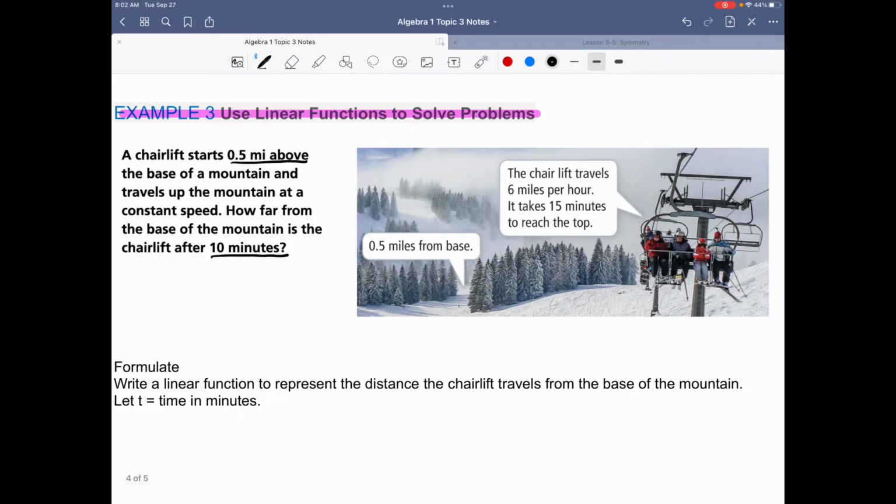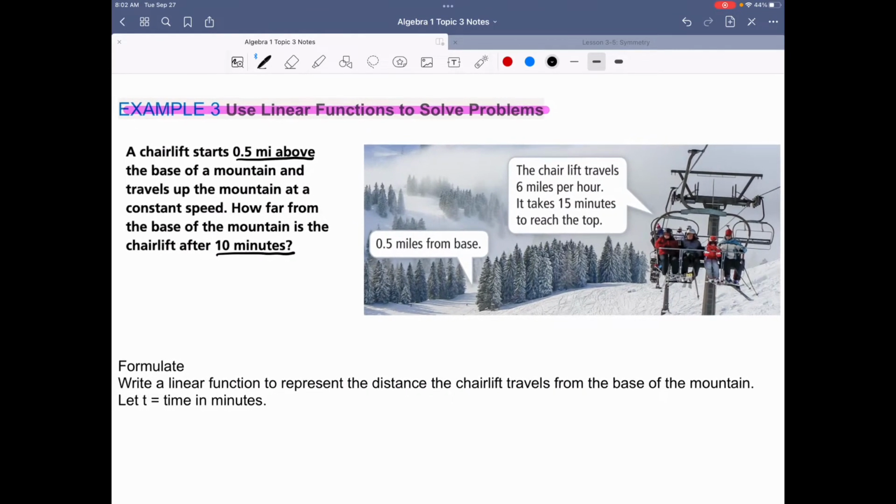And also on our right side, we have a picture with some information in it. It states that 0.5 miles from the base, which we got from our word problem, and also the chairlift travels 6 miles per hour and it takes 15 minutes to reach the top.